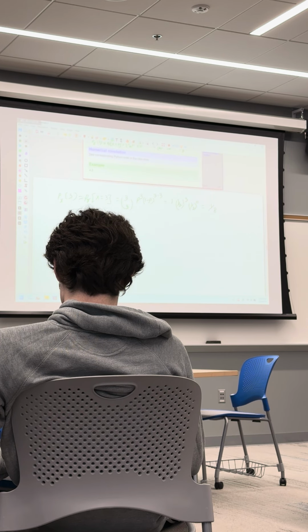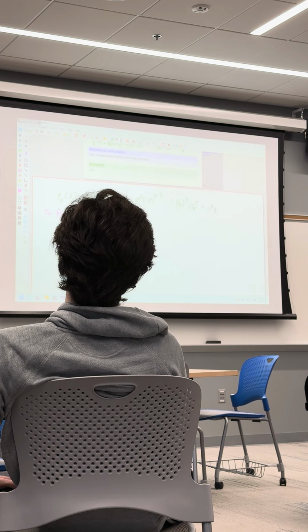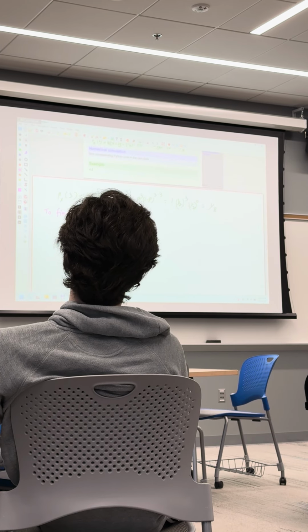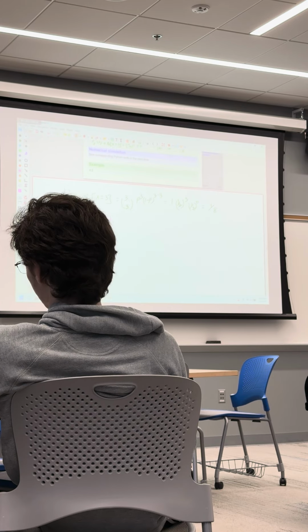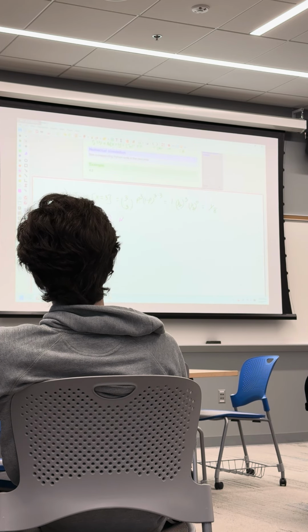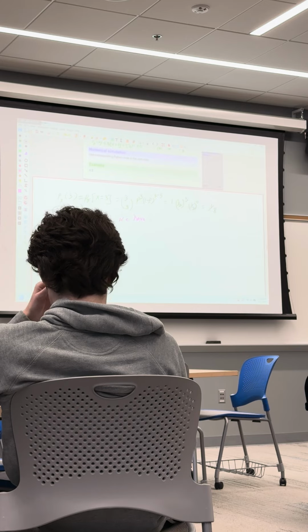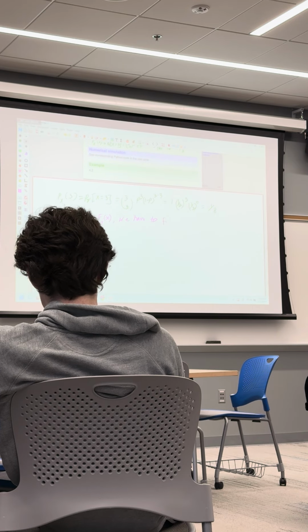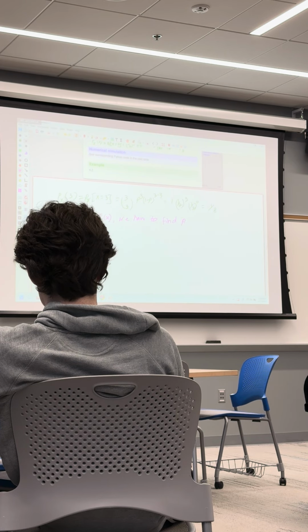Okay, so to find the CDF, which is denoted with uppercase F sub X, as a function of lowercase x, we have to find the probability of the event X less than or equals x.